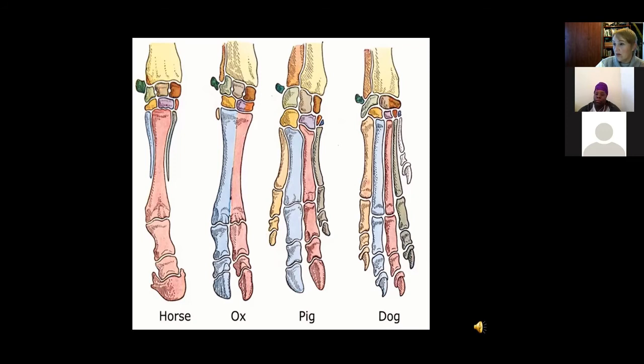Then you have the cows with the 2 toes and the horses on the 1 toe. You can still see the remnants with the horses of the metatarsals that are being diminished by evolution. They are there, but they have very little function.